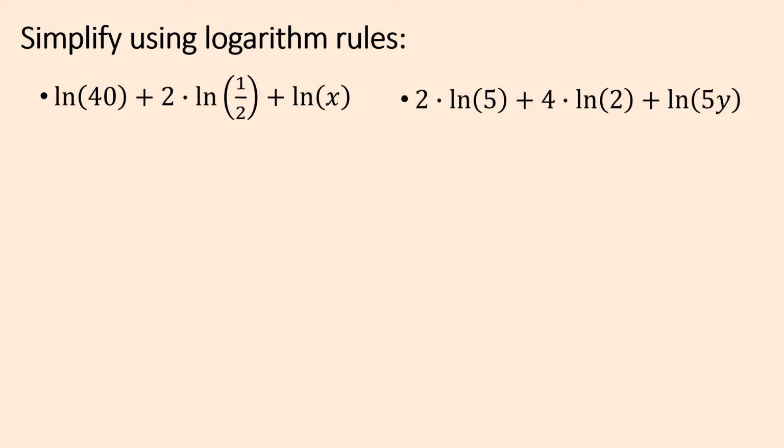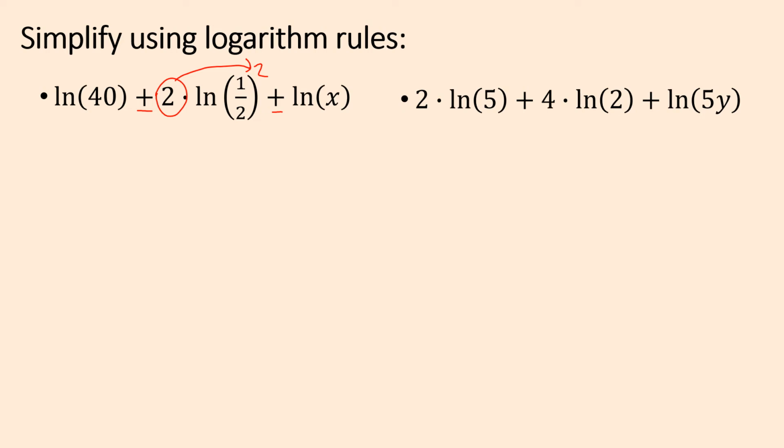Let's do 2 more to get some additional practice using these logarithm rules to simplify expressions. So here we have natural log of 40 plus 2 times natural log of 1/2 plus natural log of x. This 2 is out front. We can move it up top as an exponent. And we have all these things multiplied together. So we have addition of different natural logs.